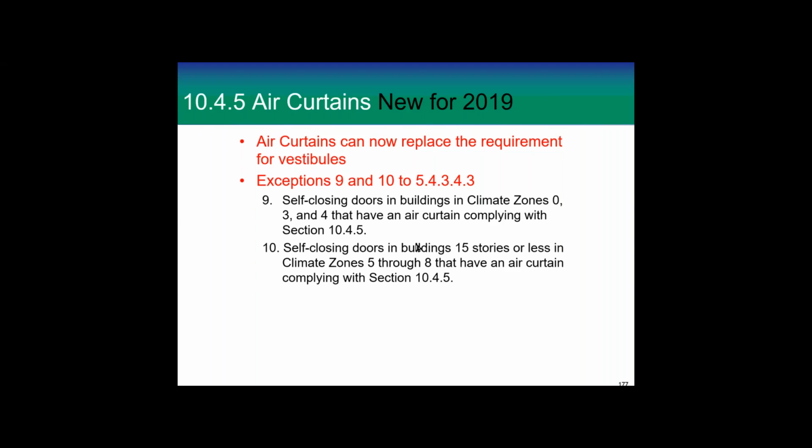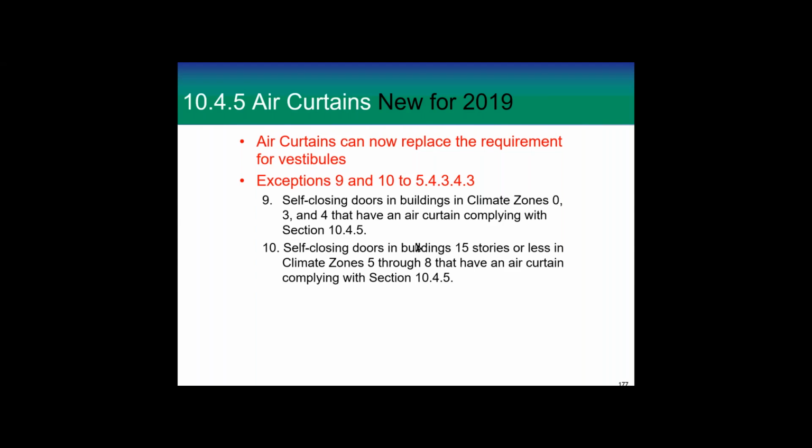So this was added in section 10.4.5, where we explain air curtains. It was added as an exception to the vestibules in section 5.4.3.4.3 if you look in the envelope section. So self-closing doors in buildings in climate zones 0, 3, and 4 that have an air curtain comply with section 10.4.5.